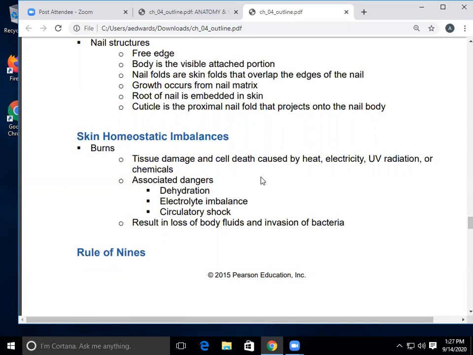So where does growth happen? It occurs from the matrix of your nail. And your nail root's actually embedded in your skin. You don't see the nail root. And your cuticle is what we call a proximal nail fold.